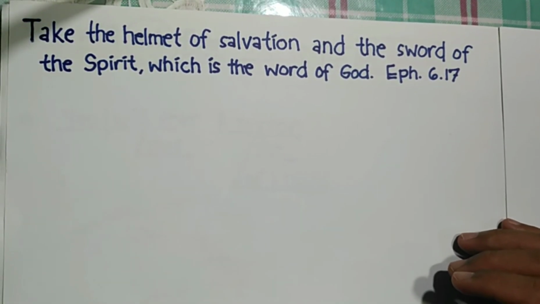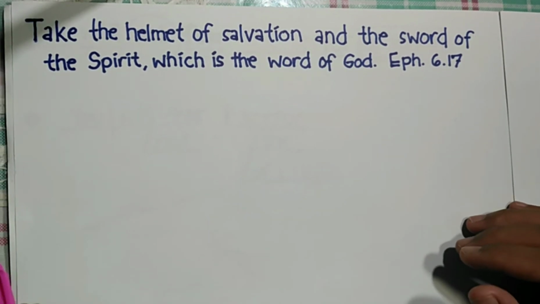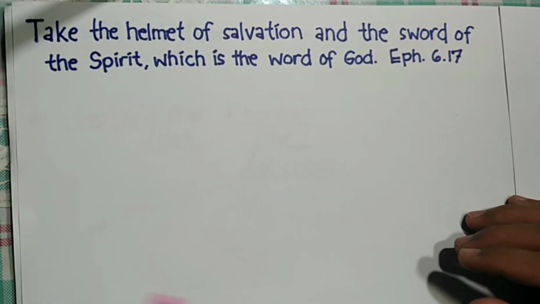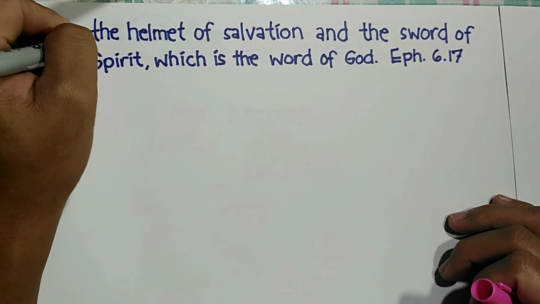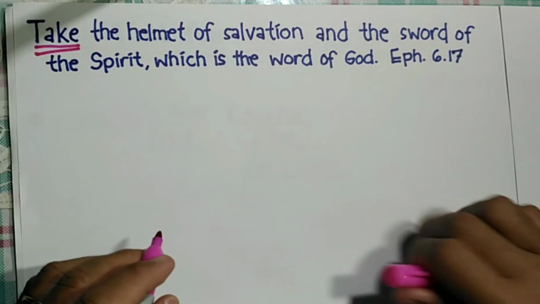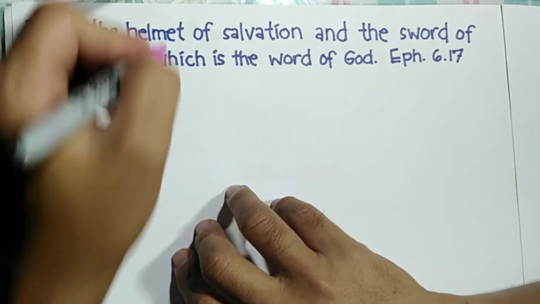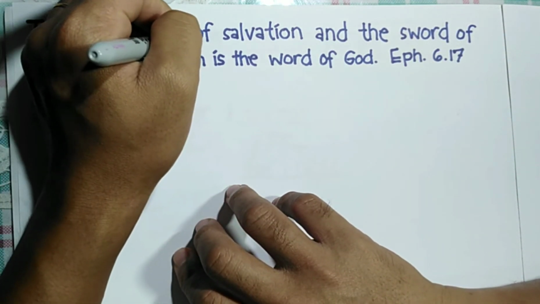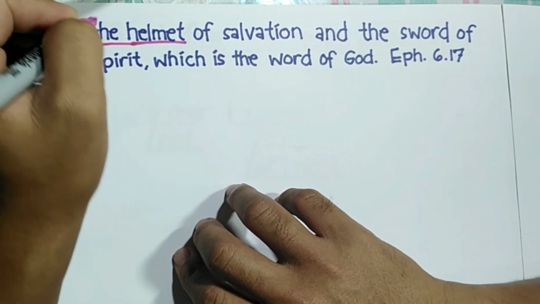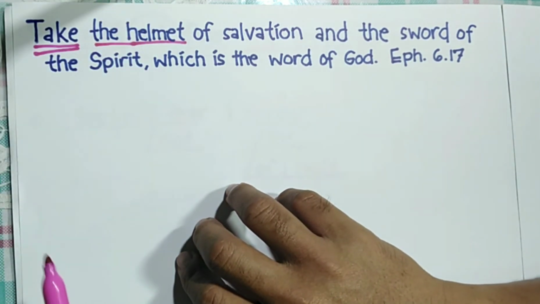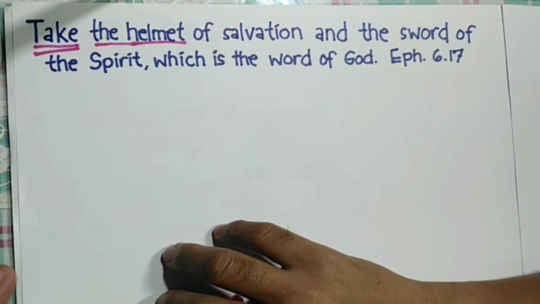What else do we have here in this verse? We also have the direct object. So take is the verb, and then the direct object is helmet. What else do we have here?